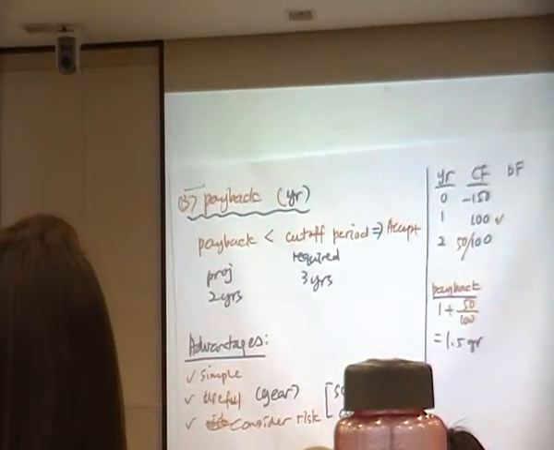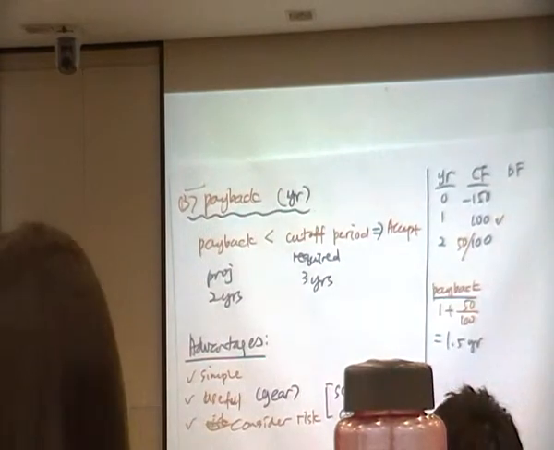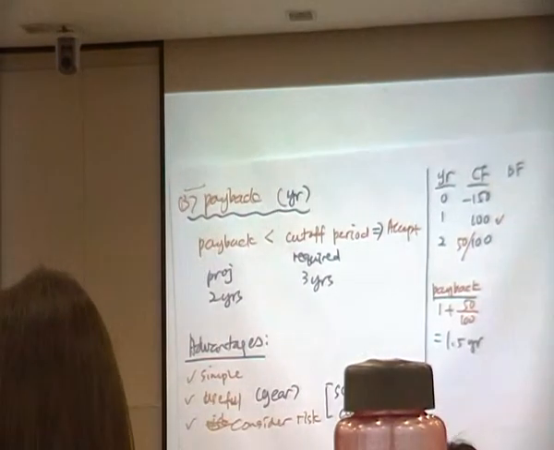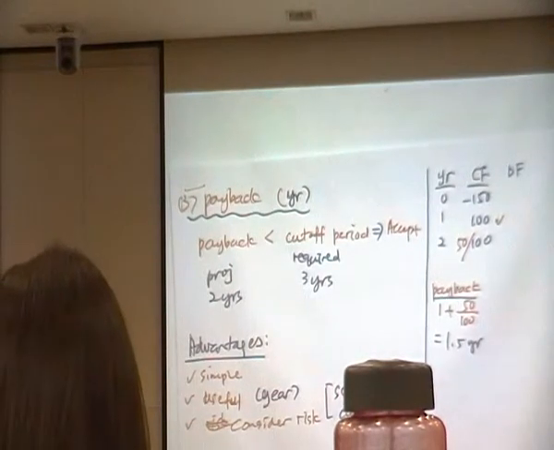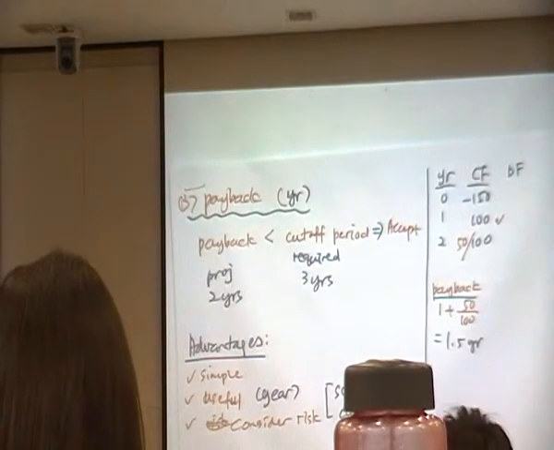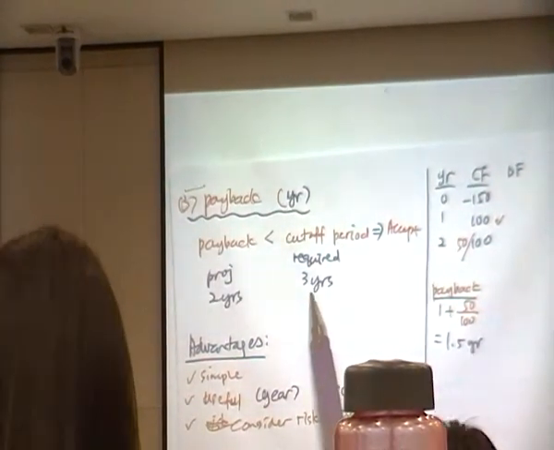Disadvantages: it doesn't consider the time value of money, TVM. It ignores the cash flow after the payback. We're going to see that later. Okay? How do you set the 3 years?